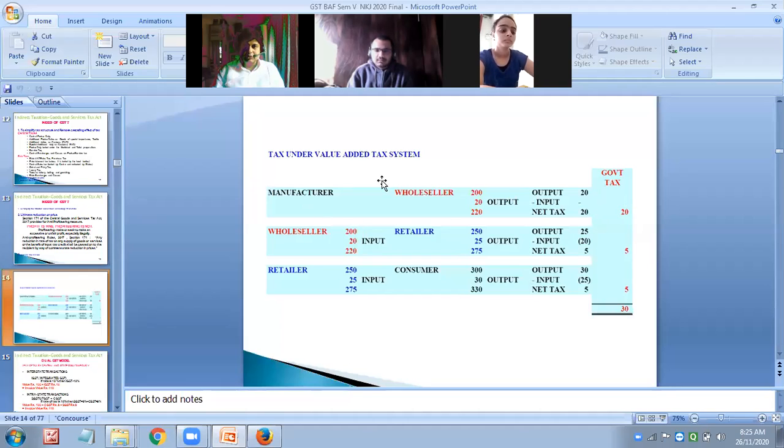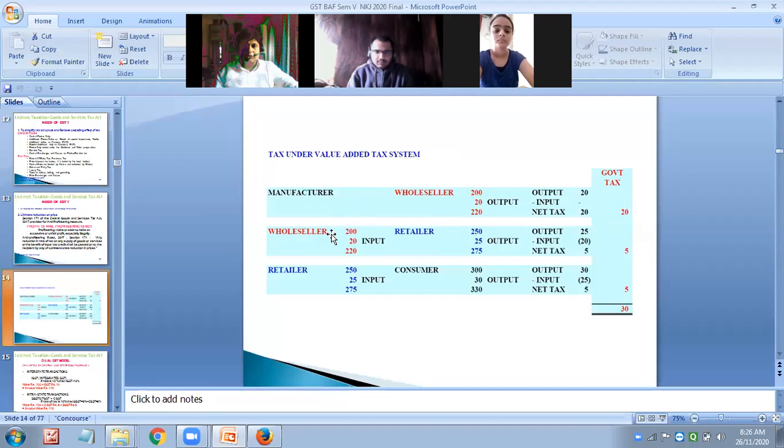And he sold the goods to the wholesaler. The wholesaler has made a value addition of 50 rupees. Here we have assumed the tax rate at 10%. So the value is 200, and he paid 10% of that, 20 rupees, as tax to the government.